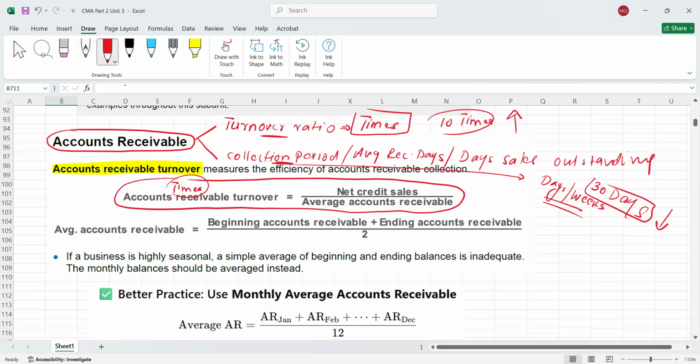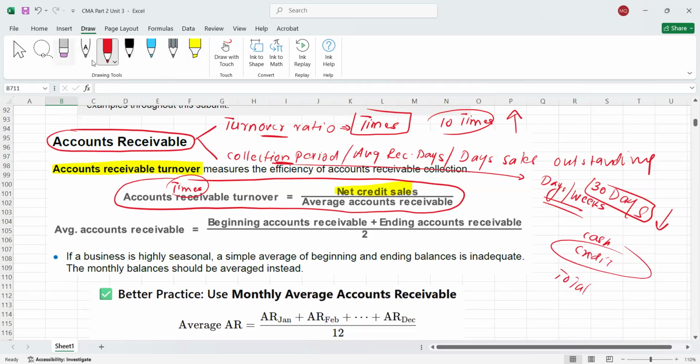So the first thing you will take is net credit sales, and you can see this is written as net credit sales. In your exam, if he tells you, for example, cash sales, credit sales, and then total sales, please remember you have to use credit sales.